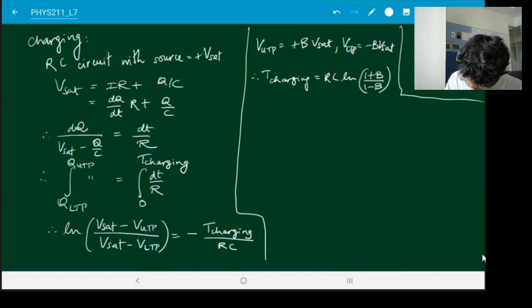Now same kind of analysis you can also do for the discharging part. And now you must remember that you are discharging towards minus Vsat. And then you will again get a similar equation over there.